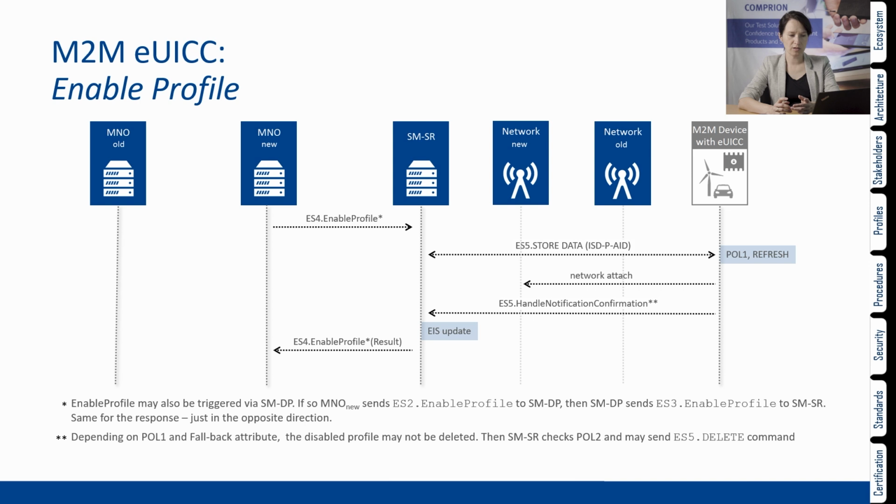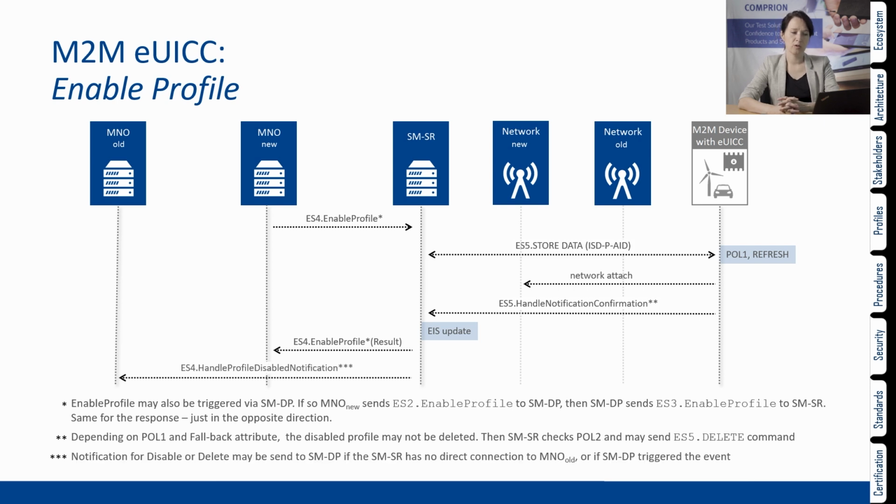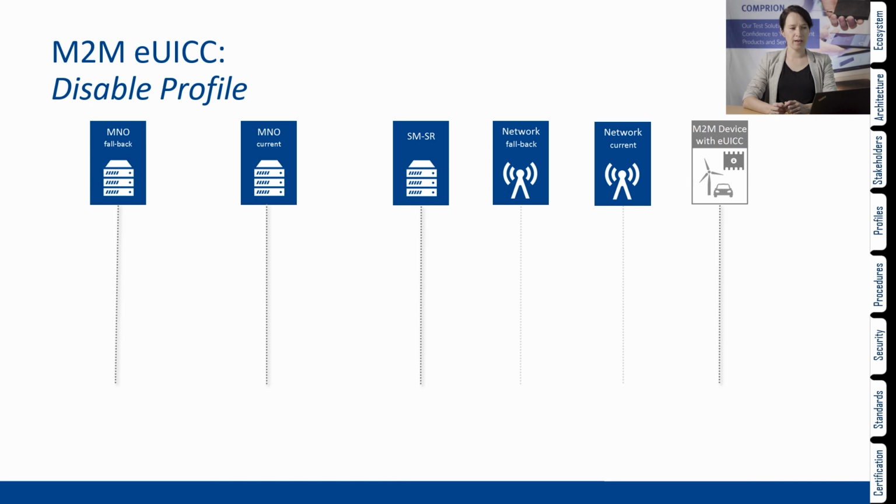Same for the response: if in the first case the enable profile was sent via the SMDP, it goes back again via the SMDP with the information about the result of the profile enabling. And the notification about the profile disabled status, meaning the old profile has been disabled, has to be sent to the old operator.